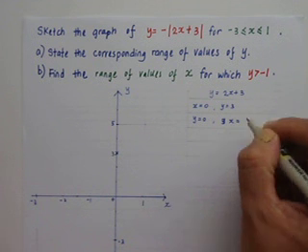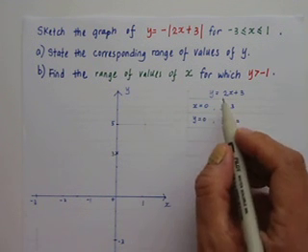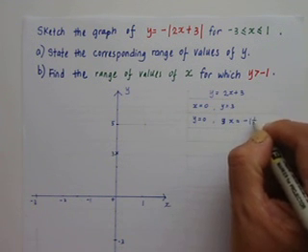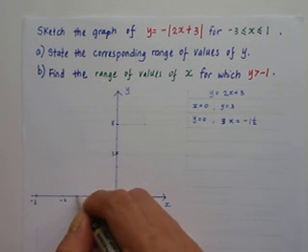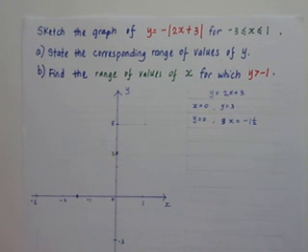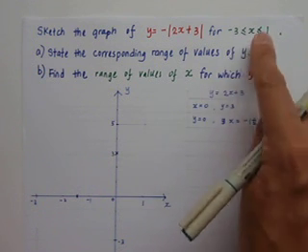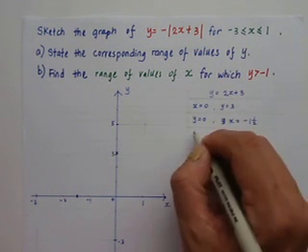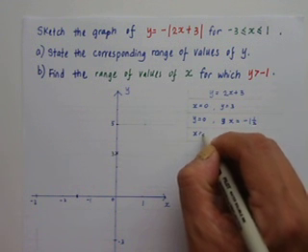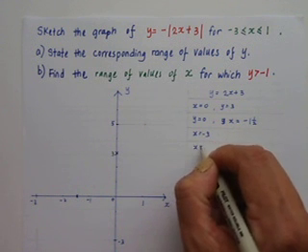Intersection with the x-axis, y equals 0, so x equals minus 1.5. And given this range of values of x, we will also consider the two endpoints, when x equals minus 3 and x equals 1.